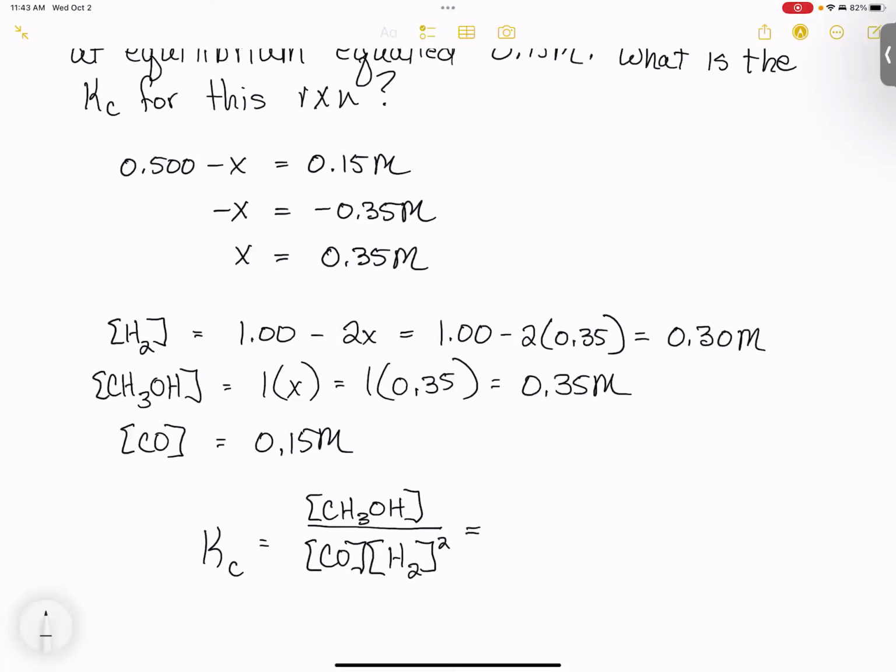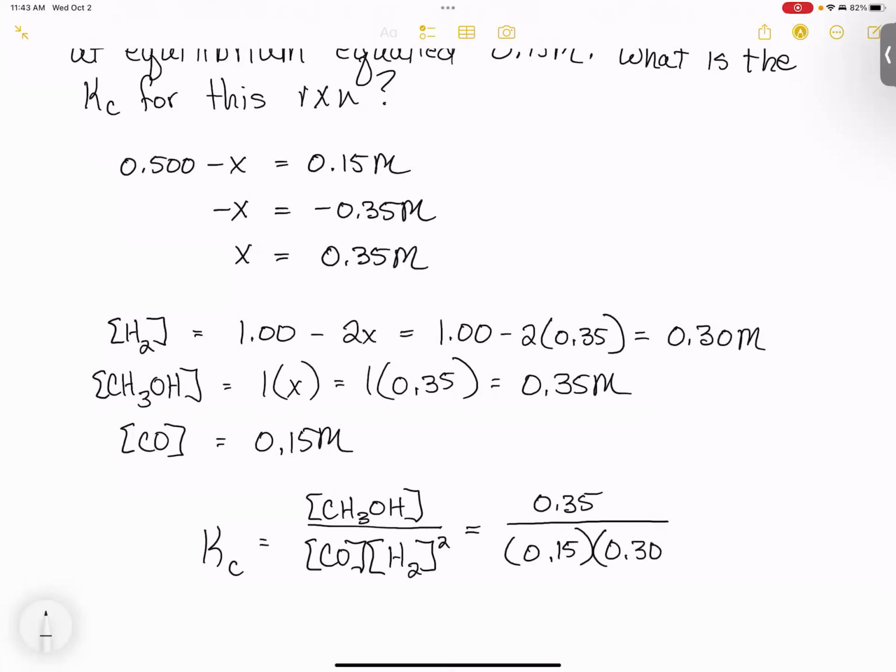Plugging in our concentrations at equilibrium, it is 0.35 divided by 0.15 times 0.30 squared, which gives you a value of 25.93.